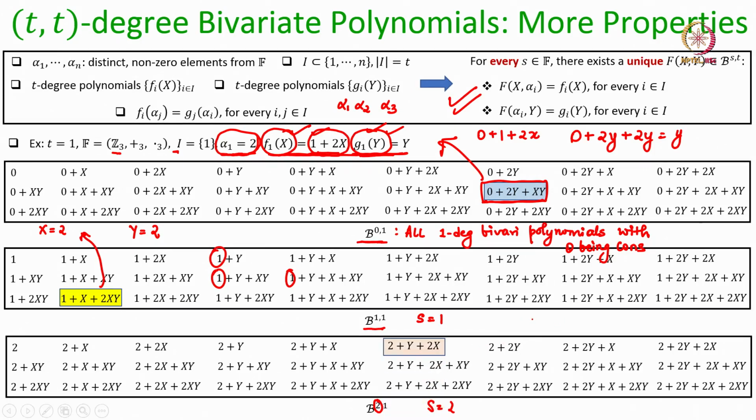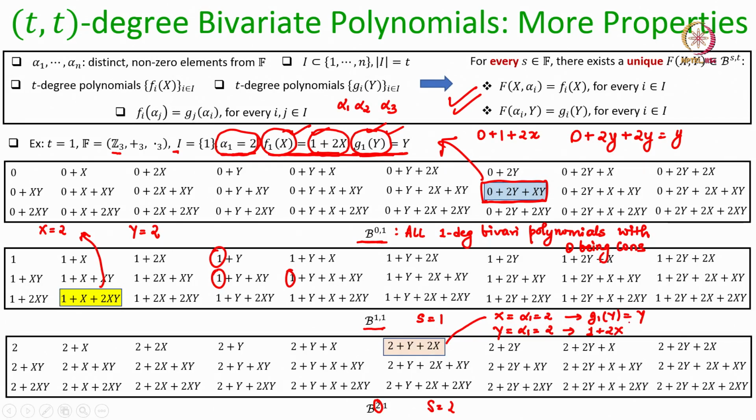Among all those 27 polynomials, there is only one bivariate polynomial which when evaluated at x equal to alpha 1, which is 2, will produce g 1 of y, namely y, and when evaluated at y equal to alpha 1, which is 2, will produce the polynomial 1 plus 2x.